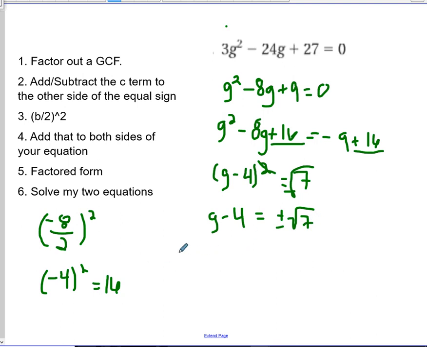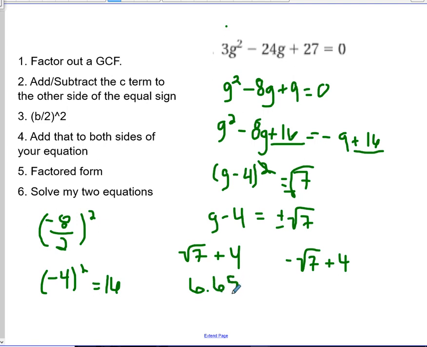I either have the square root of 7 plus 4, or I have the negative square root of 7 plus 4. And then I can either leave them like this or I can type them into the calculator. If I type them in, this first one is 6.65, rounding.